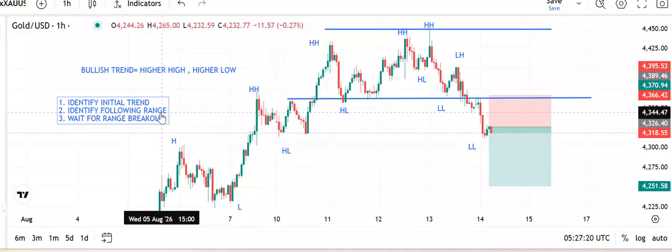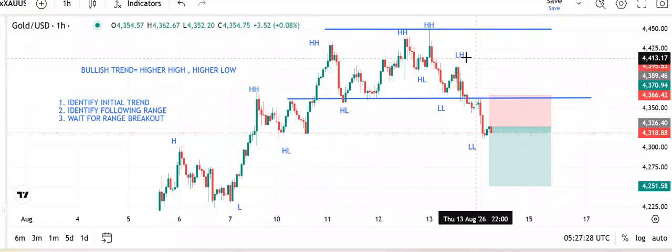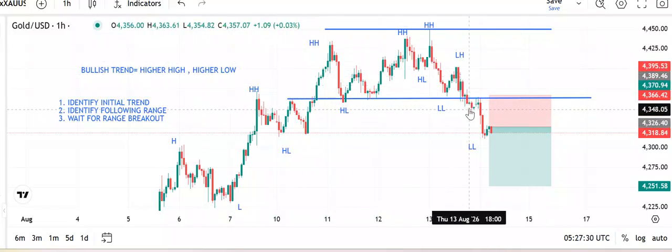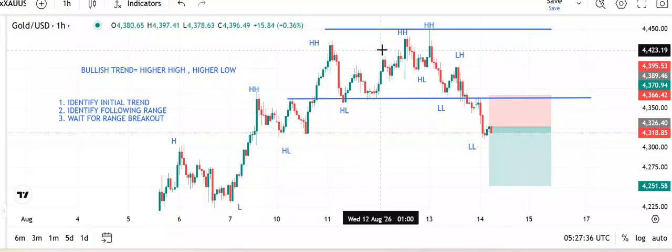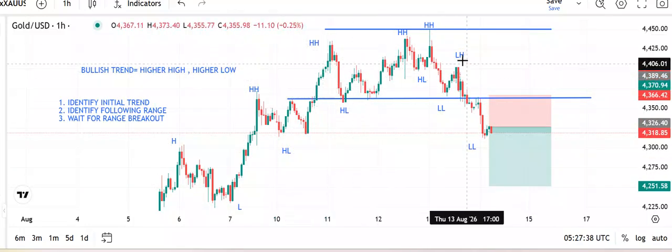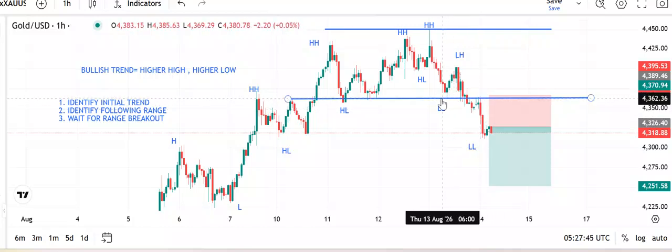So the idea is the price breaks out, and if it breaks out, it is likely to start a new trend. This is the old trend, bullish trend. You have the range, then you have the breakout, and then you start to anticipate a new trend, which is most likely a bearish trend.